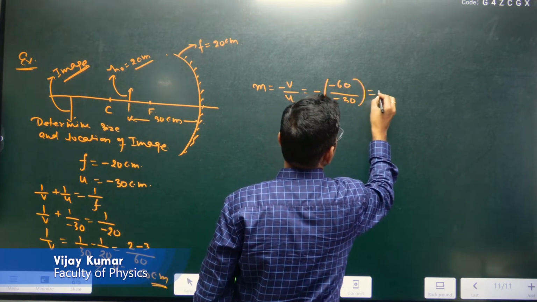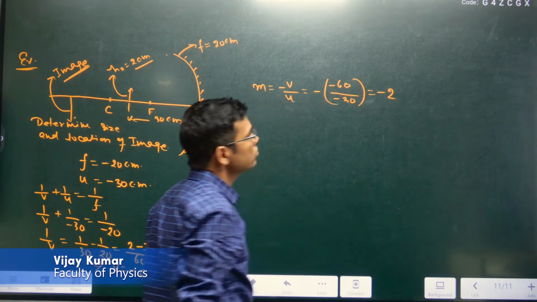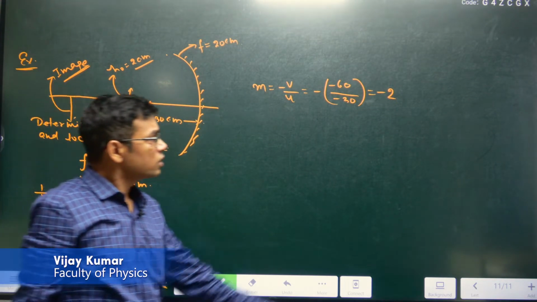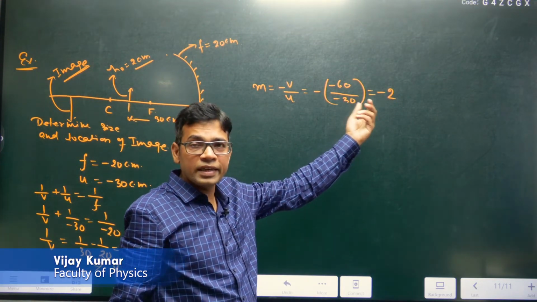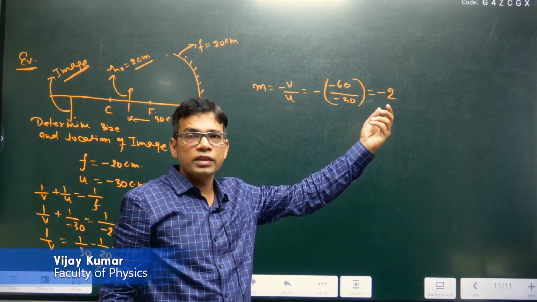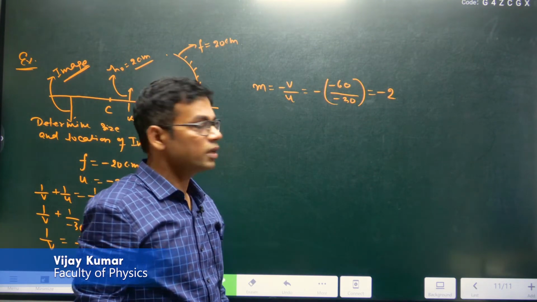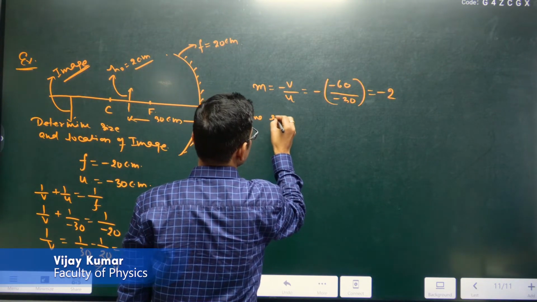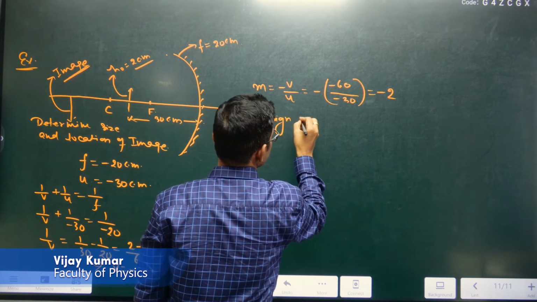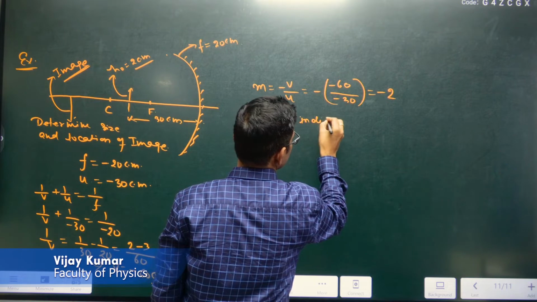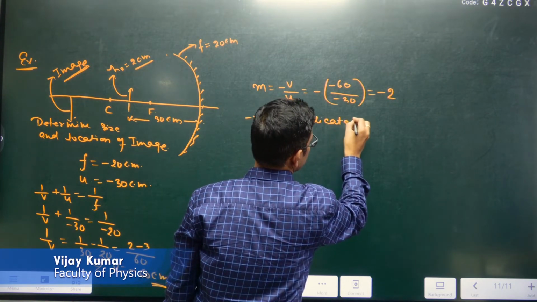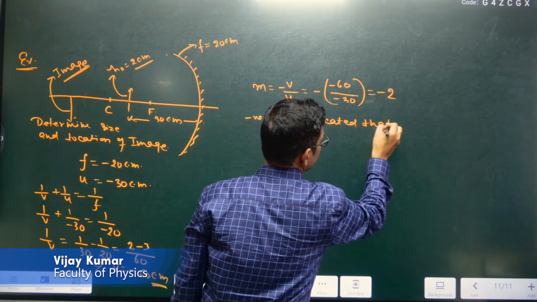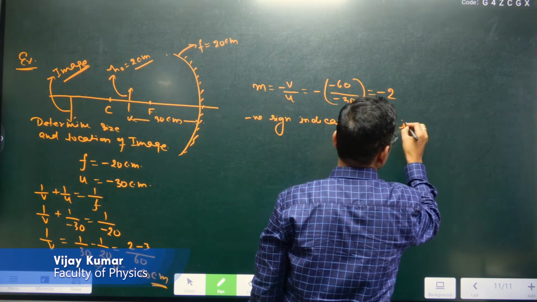So we are getting minus 2. This minus sign indicates that the image will be inverted.